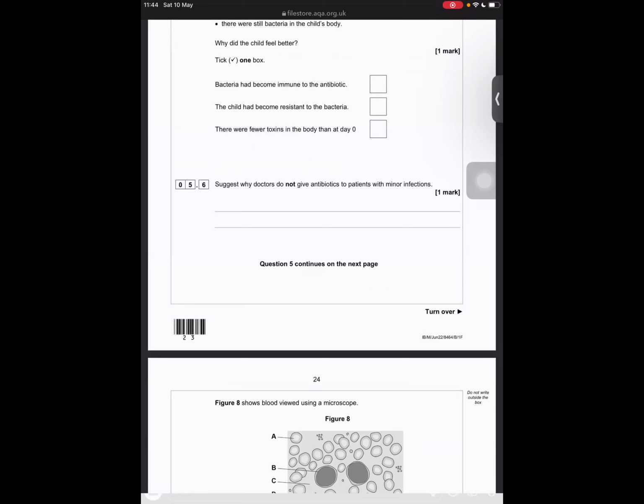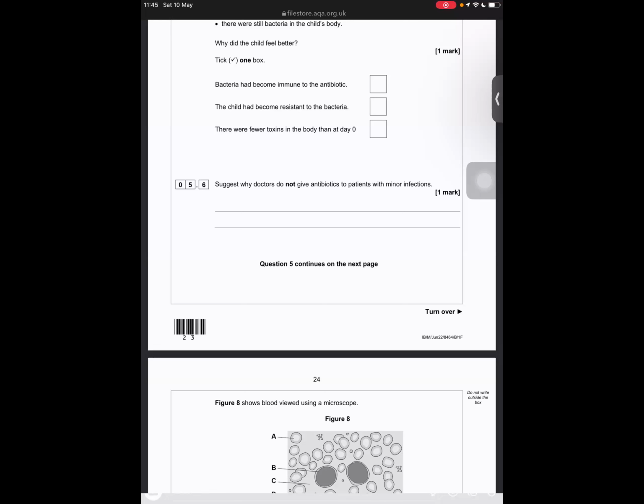Suggest why doctors do not give antibiotics to patients with minor infections. Well, the little I know is that minor infections can be handled by the body's immune system, right? Yes.